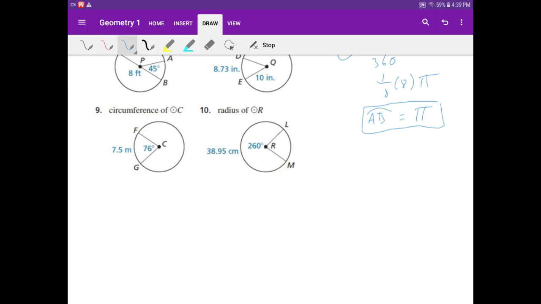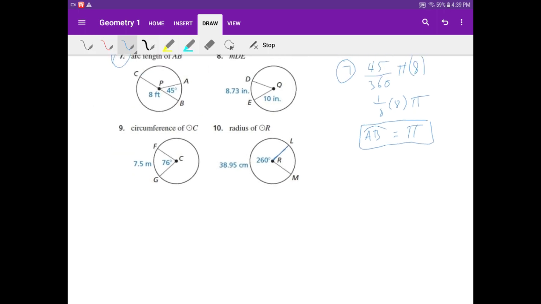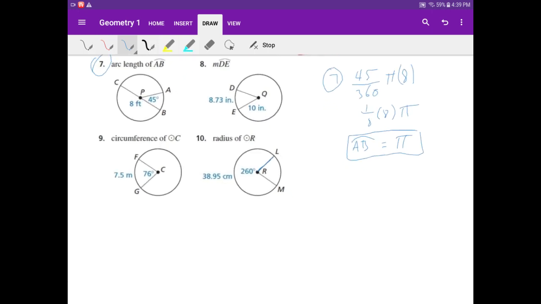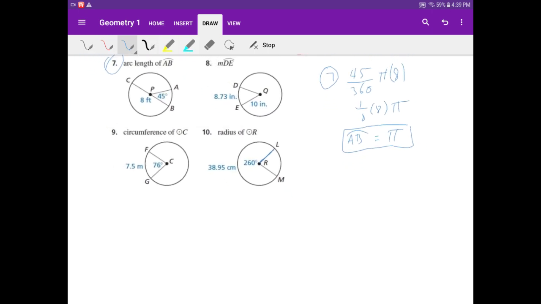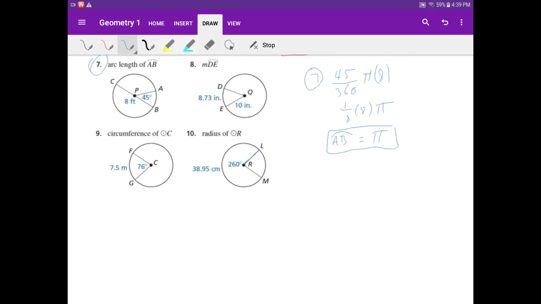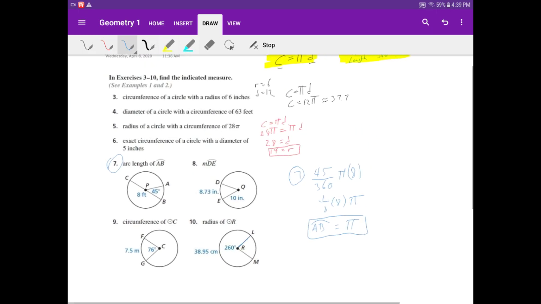So this time you have this major arc. We want the radius, so let's go with that formula up there.